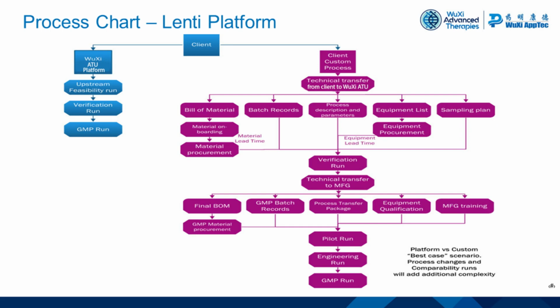This is followed by tech transfer to GMP and again followed by bill of materials, procurement of raw materials, training of the manufacturing staff, and pilot run, engineering run under GMP manufacturing. With our platform approach, materials, training, and documentation are all in place, which will help clients significantly to reduce the cost as well as meet their timelines.